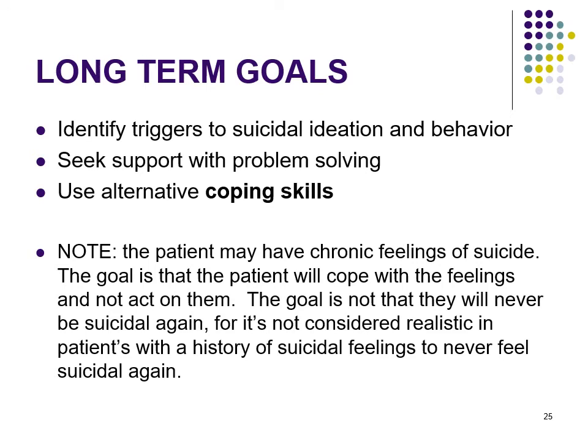An important long-term goal for somebody, especially somebody that's chronically suicidal, we're not looking at that they're never going to be suicidal again. That's considered not a realistic goal. Our goal is that they'll learn coping skills for their suicidal feelings, and in the future when they're feeling suicidal, they'll use their coping skills.